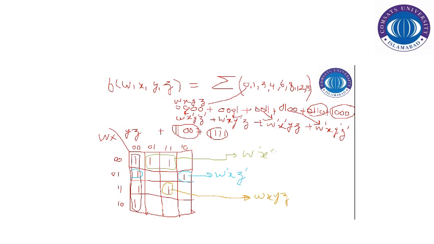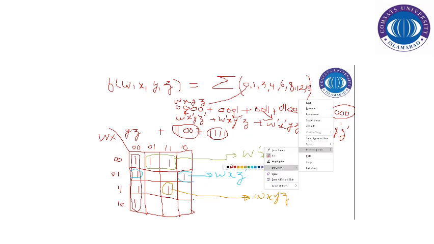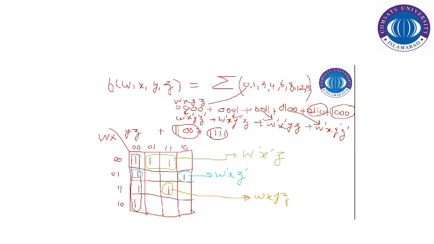Y is changing but Z is not changing, so we've got Z here, and we've dropped the Y from the term. And now coming to the last group, this one of 4 cells. We can see that W and X are changing, so we have dropped W and X, but Y and Z are not changing, so we've got Y prime and Z prime from this group.